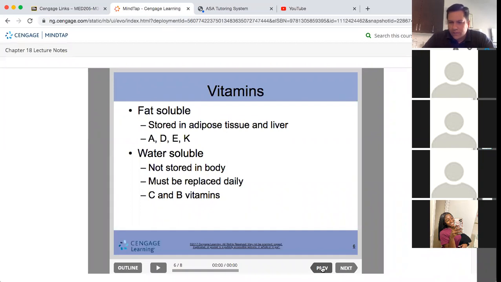What causes hypervitaminosis of them? So let's talk about each one of the vitamins one by one to describe their function and all the details about them. For example, vitamin A.